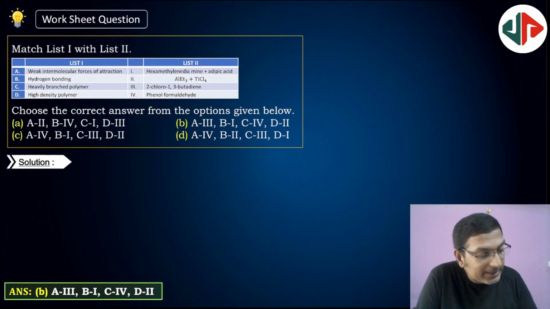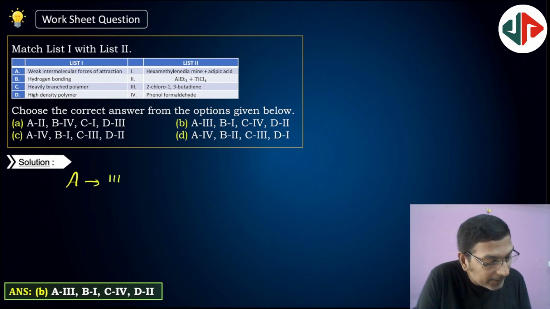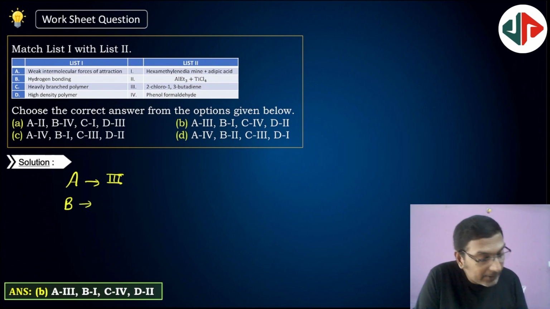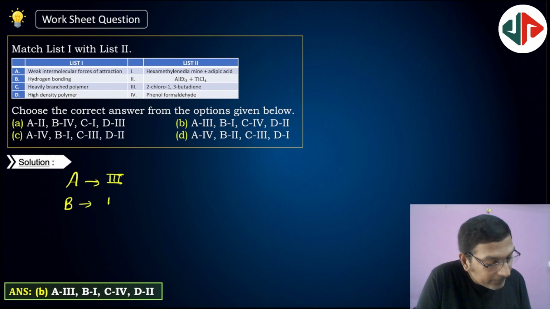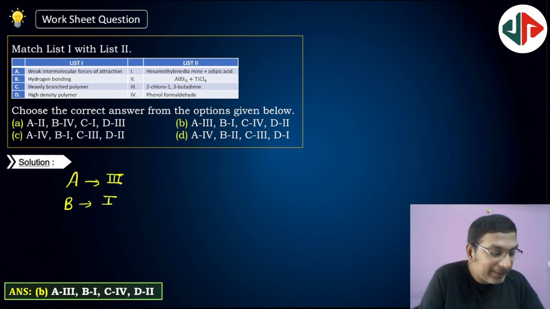This is also matching. Weak intermolecular forces, A, means rubbers, elastomers. Hydrogen bonding, 1. Hexamethylene diamine, that means nylons.